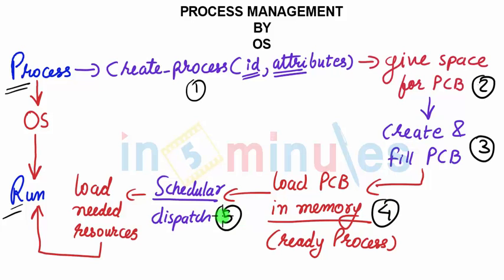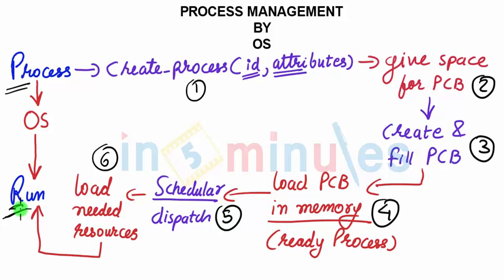Step 5: depending on the scheduling algorithm, one of the processes would be selected and dispatched. This dispatch is a way of telling the process that yes, you are selected and you're going out to do your work. Just before the process can start, step 6 comes into the picture, that is getting all the necessary resources loaded and prepared, and finally we have the execution.